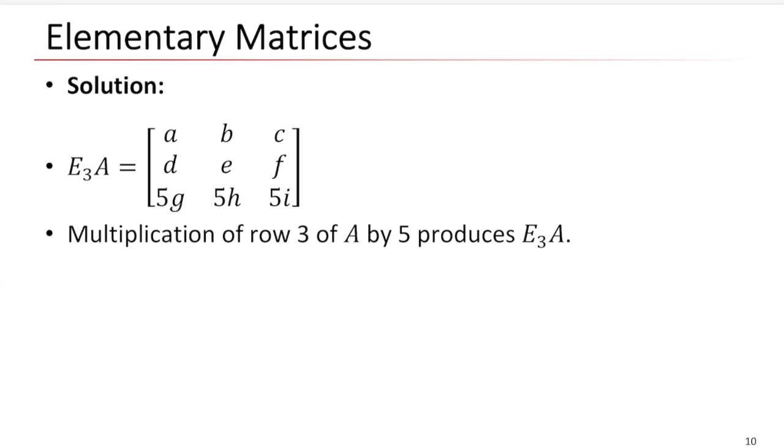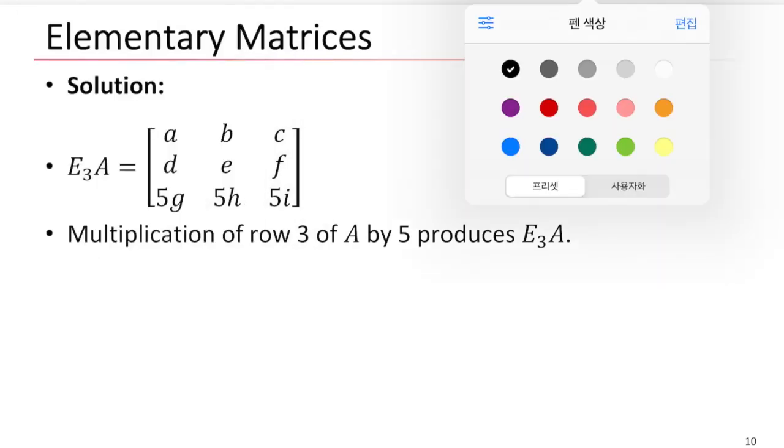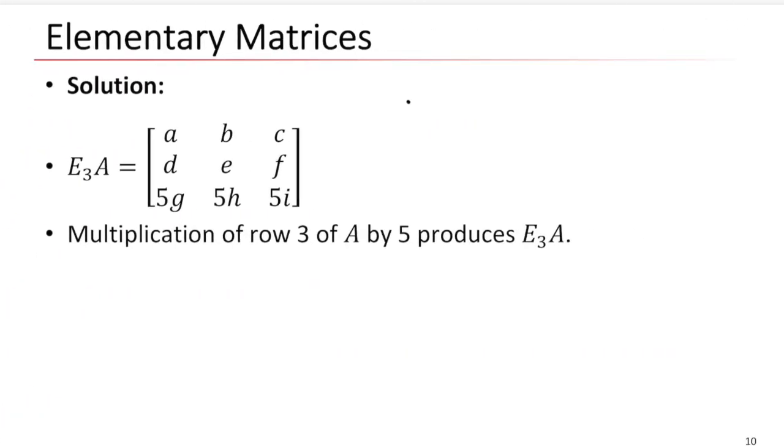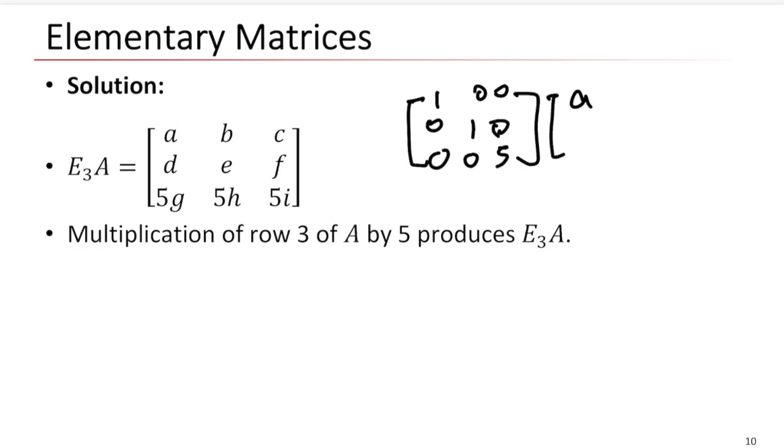What is the last one? What was the E3 here? So 1 1 0 0 0 0 0 0 what? 5, with the matrix A, B, C, D, E, F, G, H, I. So this one is this vector times this one. So 5G, 5H, 5I.